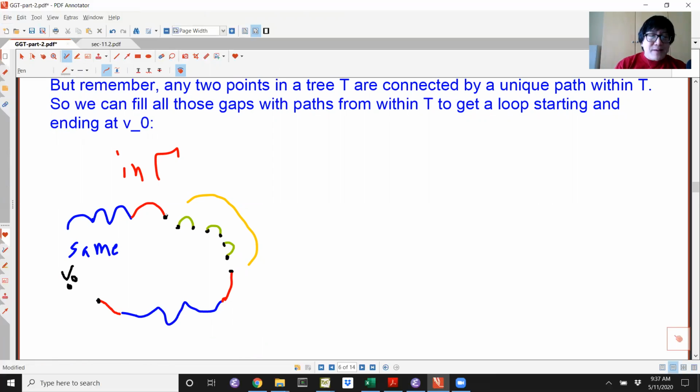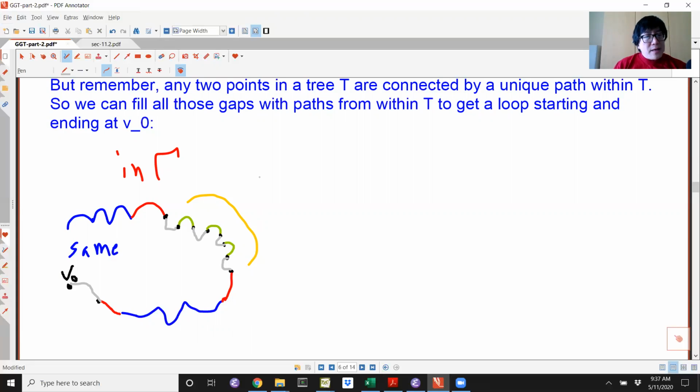Okay, so basically, because each of these black endpoints is in the tree T, there is a unique path between them somewhere in there. I mean, we don't know what it is, but we know there's something in there, and so you can sort of patch together all these little gaps, including possibly gaps at one end. And there we go.